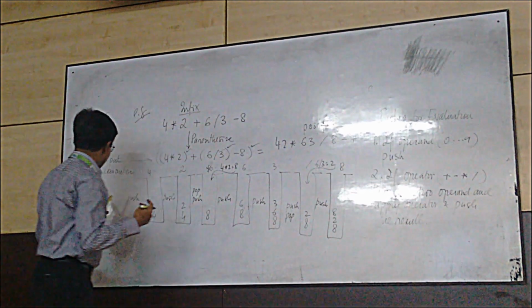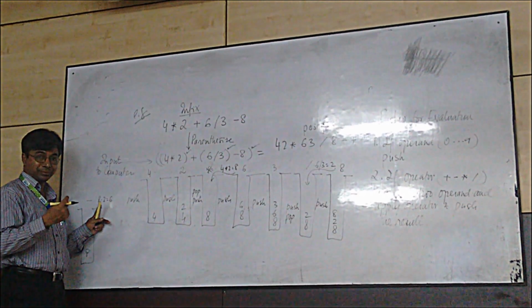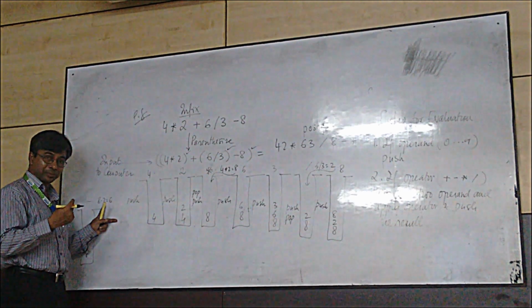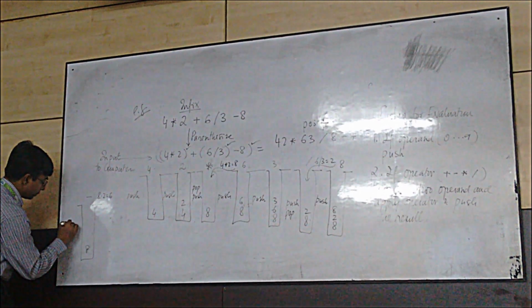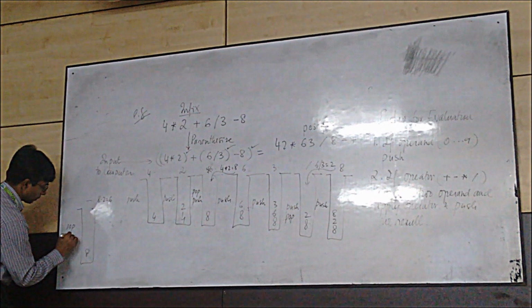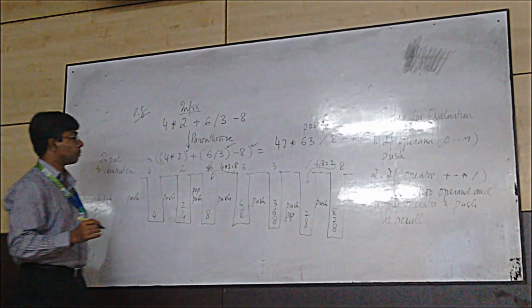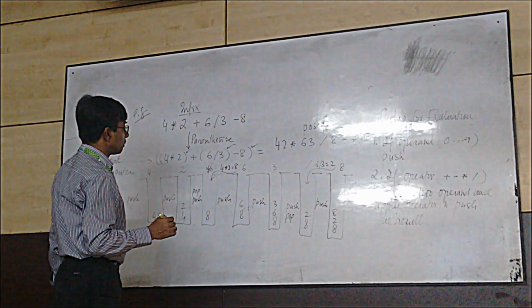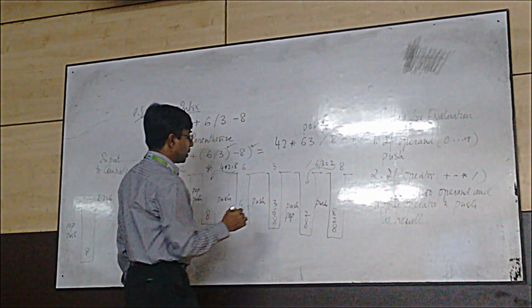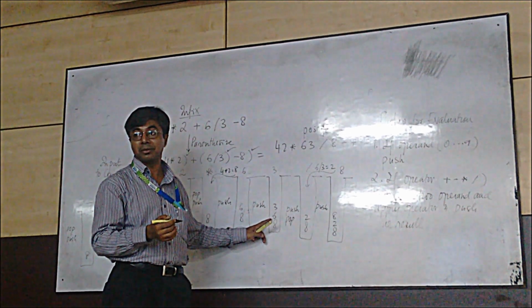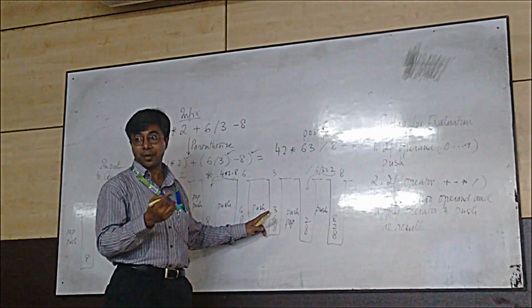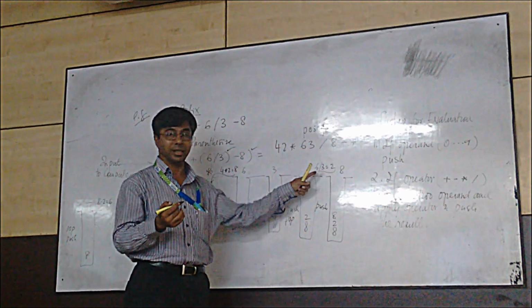The last item will appear first here, and then the other item. So there is a push, there is a pop. This operation is actually 6 by 3, because 6 comes first and 3 comes last on the stack, so it is 6 division 3.